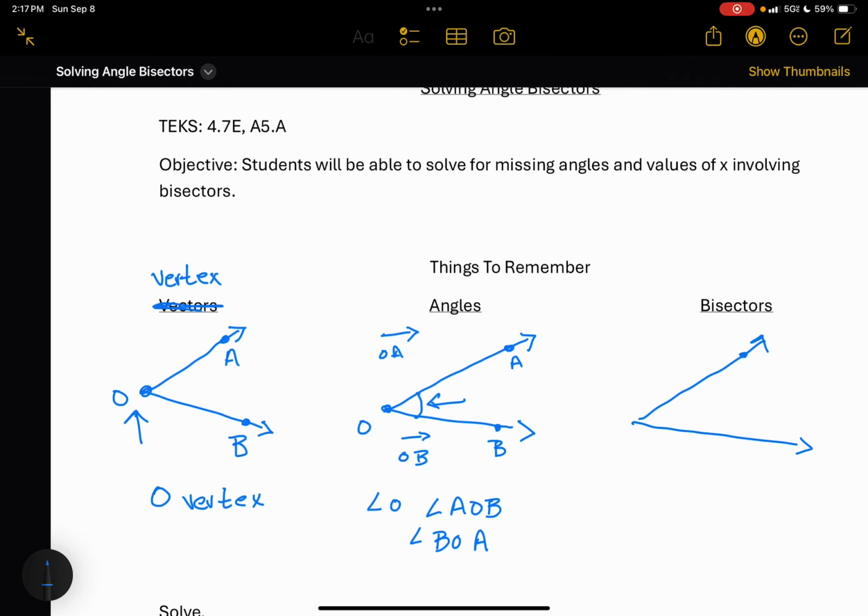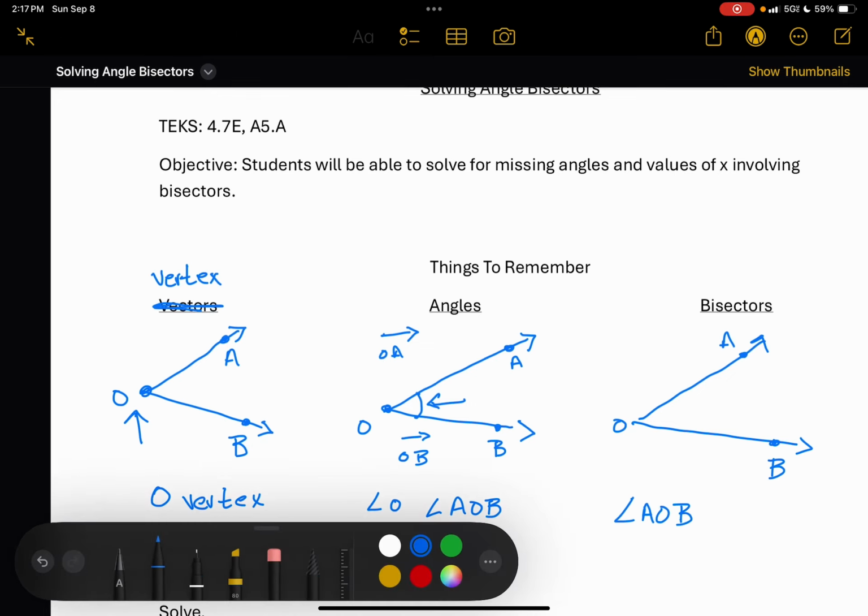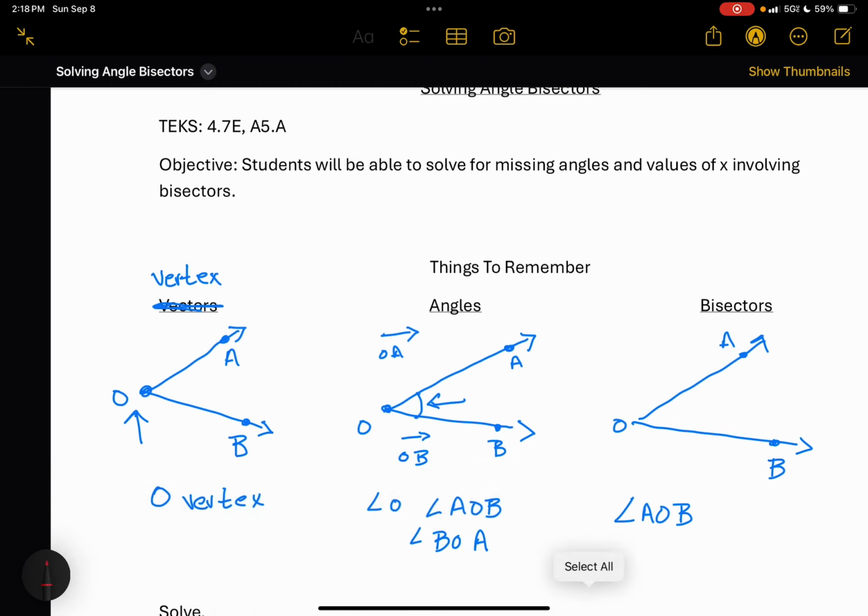If I have angle AOB, this is angle AOB. That's my entire angle. My bisector is going to be what comes from the vertex and goes out. So what I'm doing is cutting that angle into parts. So this would be ray OC, okay?